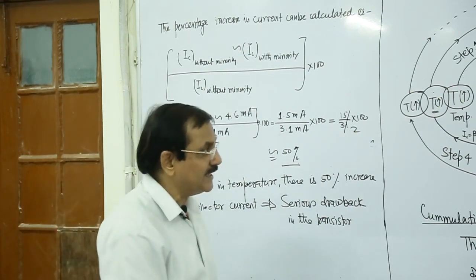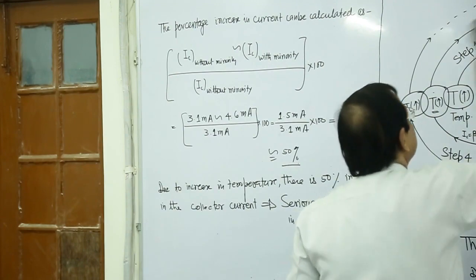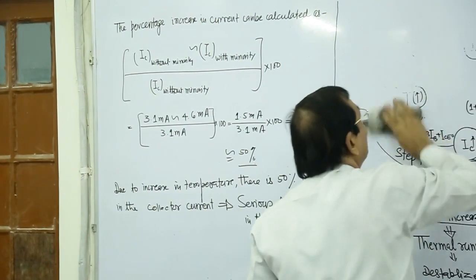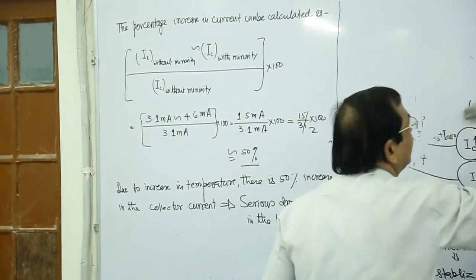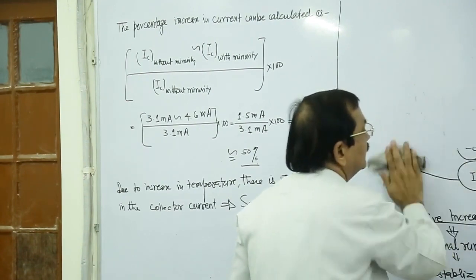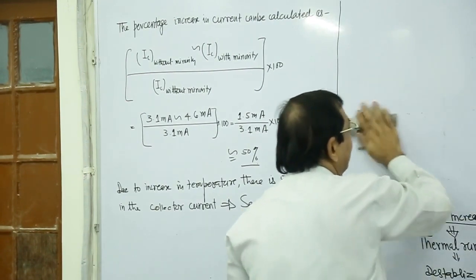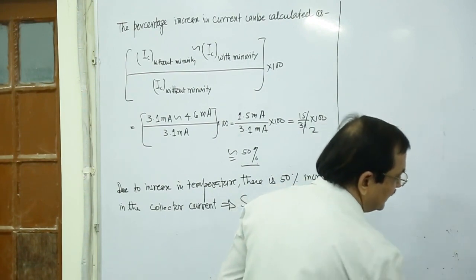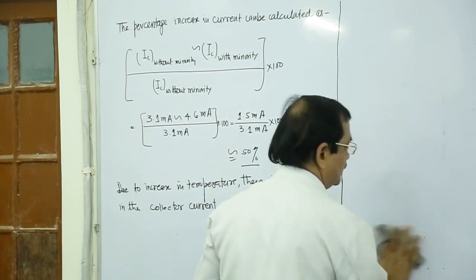This can be visualized. How serious is it? If we go for the output characteristic, then we find that this will change the complete region.